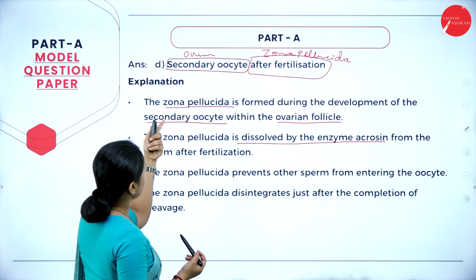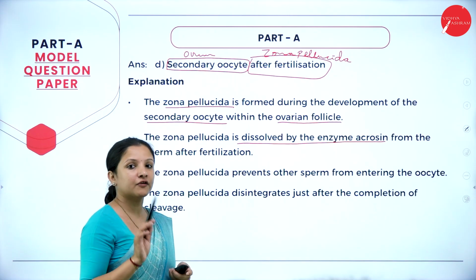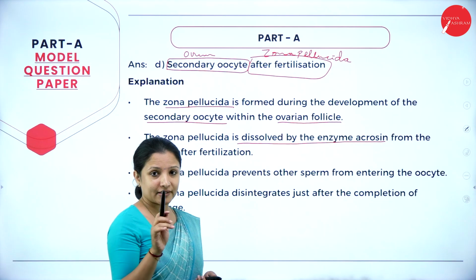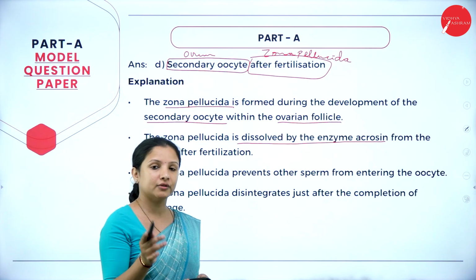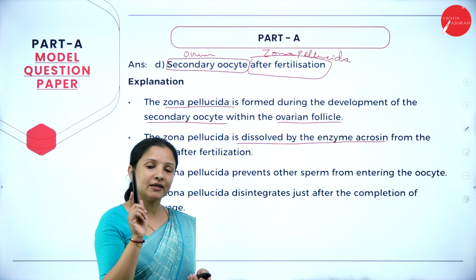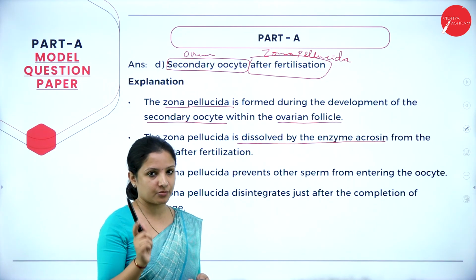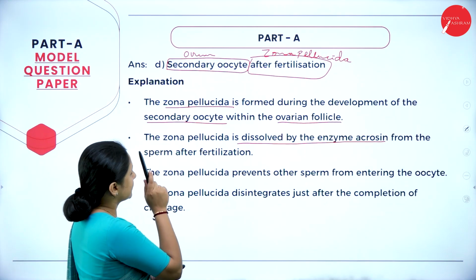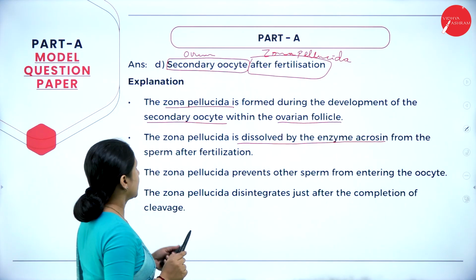What did we get to know? Ovum is formed from the secondary oocyte. You know that chart, right? In that we got to know that ova is formed from the secondary oocyte and zona pellucida dissolves soon after fertilization by the sperm. So, therefore, the correct option is D, ova, that is secondary oocyte after fertilization.